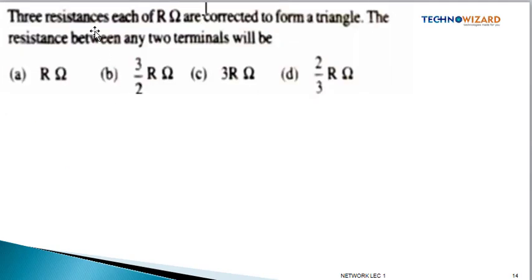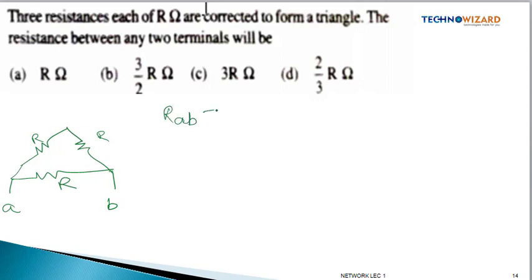Next question is, three resistances each of R ohm are connected to form a triangle. Okay, so I am showing this. There are three resistances and they are forming a triangle. Their value is R. Now the resistance between any two terminals will be, okay, I'm considering this terminal as terminal A and this terminal as terminal B, so we have to find out R of AB.